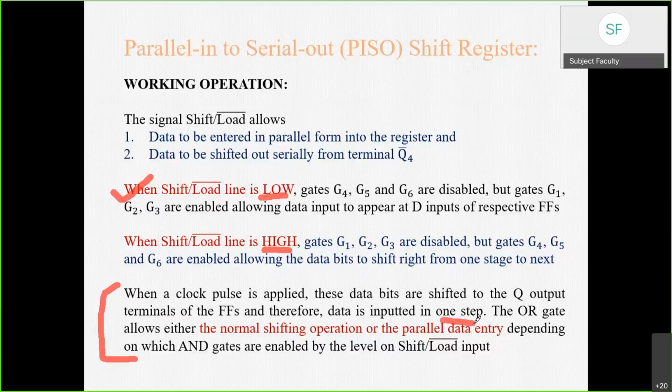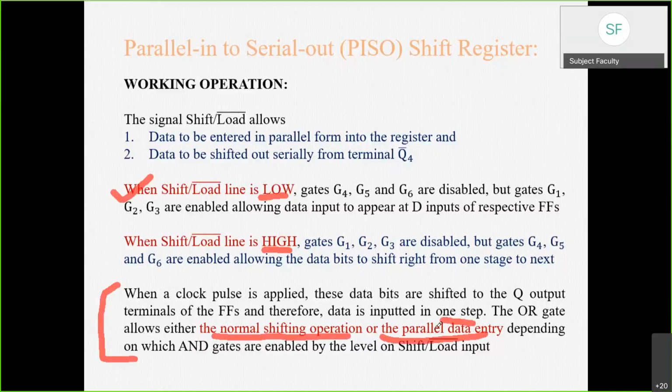Why? Because you are feeding your shift register in parallel. The OR gate allows either normal shifting operation or parallel data entry. So one of the modes will provide normal shifting operation and the second mode will operate the parallel data entry.